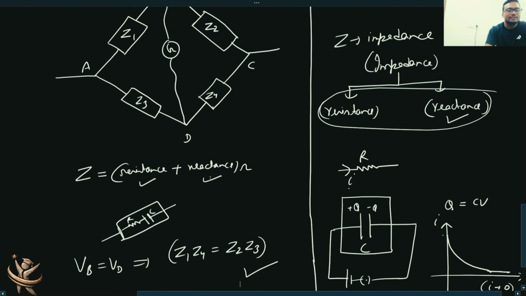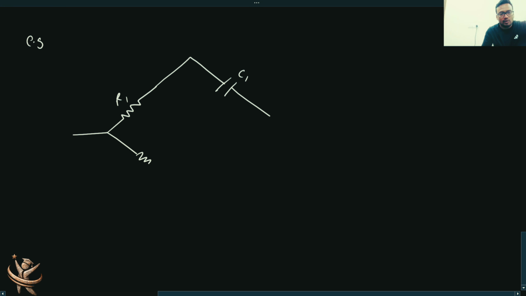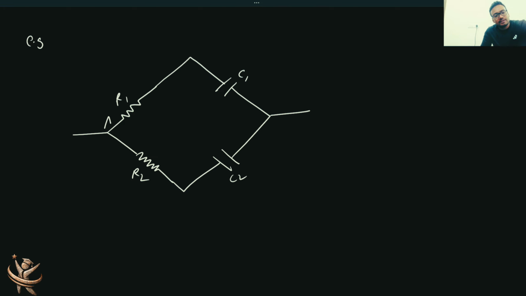Wheatstone bridge. Let me take one example. So let's suppose you take one resistor R1, and then you take a capacitance C1 here, and in the lower arm, let's say one resistor R2, and then here you take another capacitance C2, like this. Okay, and then this is A, B, C, D. You have a galvanometer to sense the current.